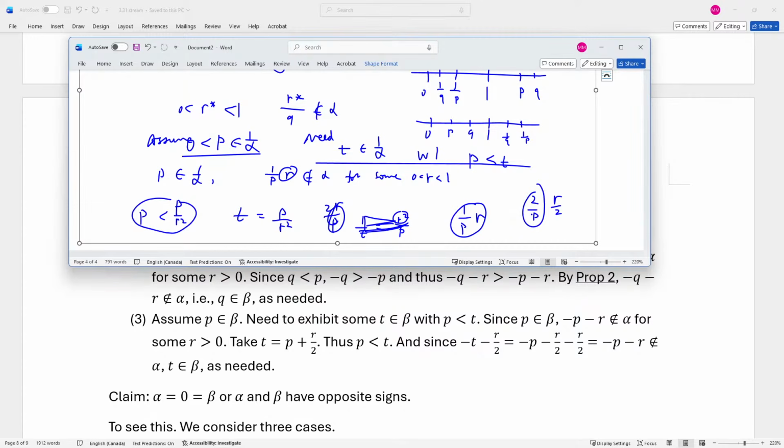But the problem is this is supposed to be 1 over t, but in this case t is less than p. That ain't good. So here we have minus t minus half r is minus p minus r, so it's not in alpha. So we want the reciprocal of t times something.